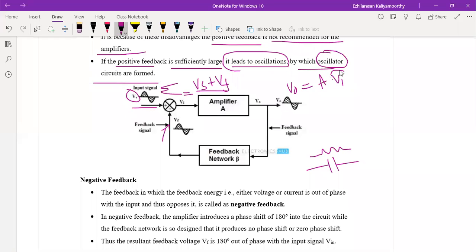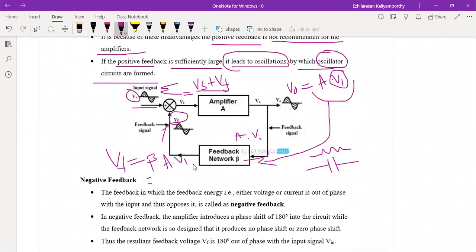But we know what Vi is: Vi is Vs plus Vf. Now this A into Vi signal will be fed back into the feedback network as input. So here I will have A into Vi. The output of the feedback network is the feedback signal Vf. As we already discussed in the previous class, Vf is equal to beta into A into Vi.